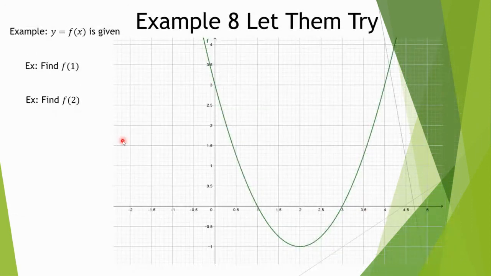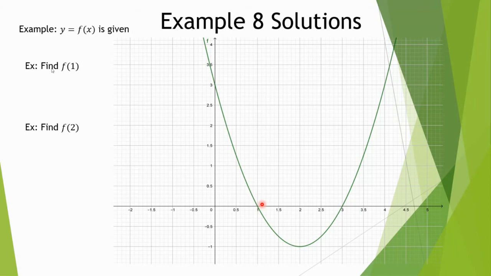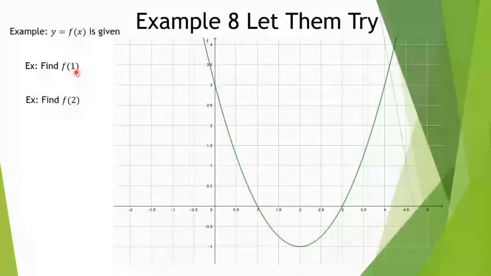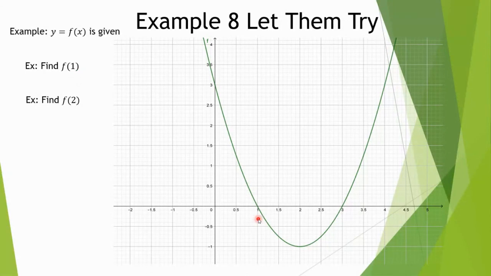I was going to let you try this, but f of 1, I said what that is already. f of 1 is actually 0. Okay, well, f of 1, I'm telling you, is 0. f of 2, what would that be? Well, again, we go to 2. Here, we move vertically down because the graph is below us.